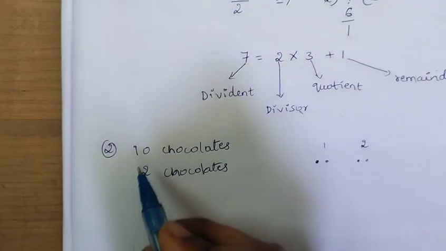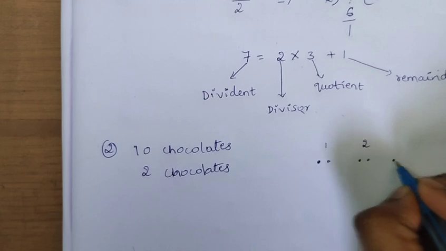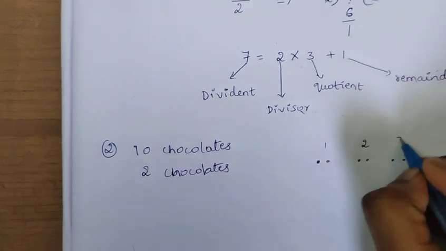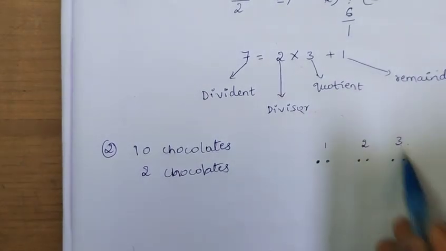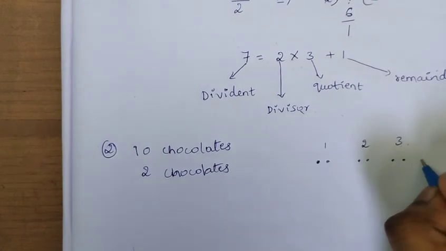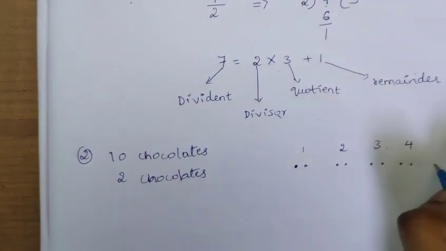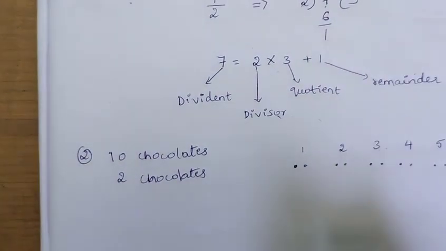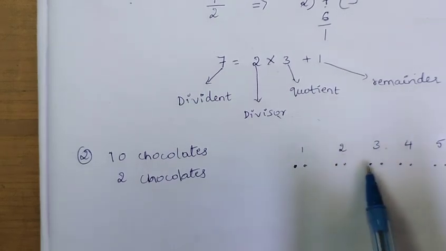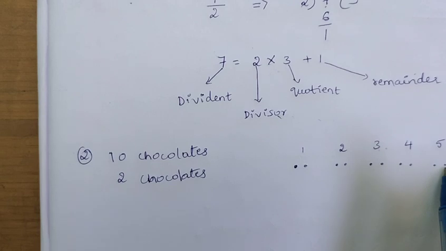So totally 4. I have 10 chocolates, I can still give 6 chocolates. 2 chocolates for student 3, totally 6 chocolates. 2 chocolates for student 4, 8 chocolates. I can still give 2 more chocolates. So 2 chocolates for student 5. So I can totally give to 5 students. 2, 4, 6, 8, 10.